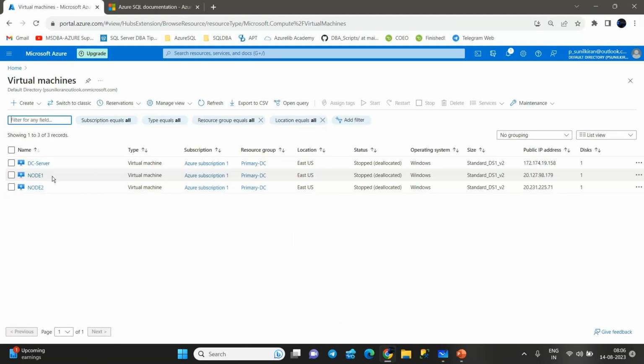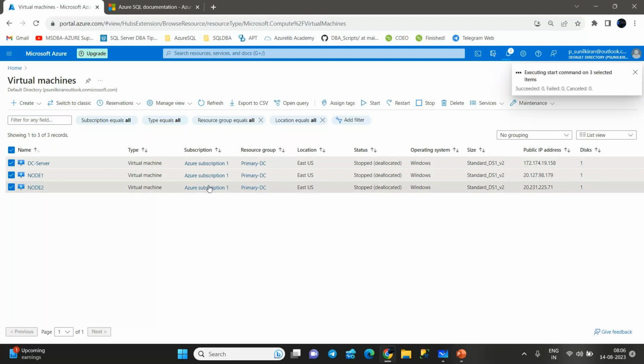If I wanted to access this operating system, and if I want to install SQL Server in this operating system, and also I wanted to install my application and run it side by side with SQL Server, in that scenario, definitely I can go for the IaaS platform.